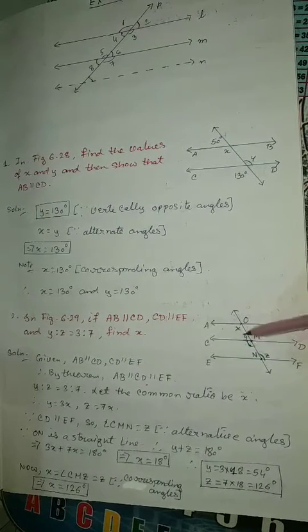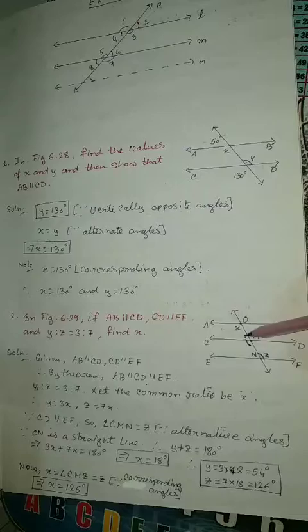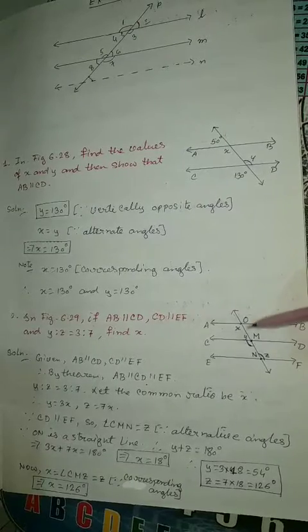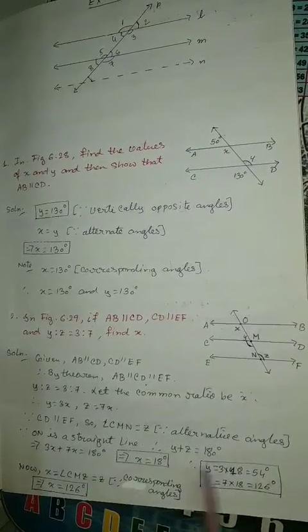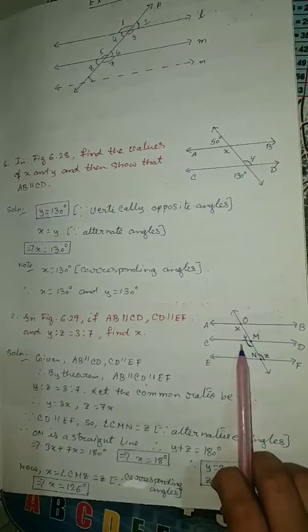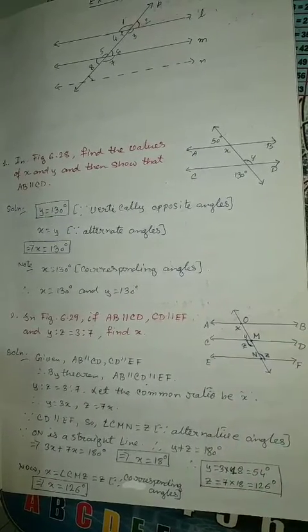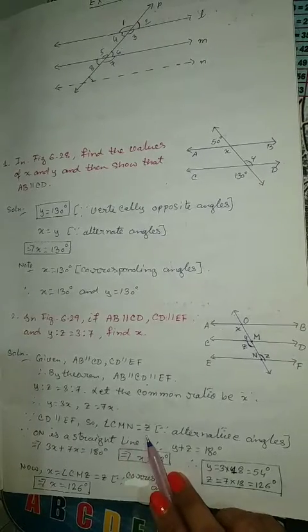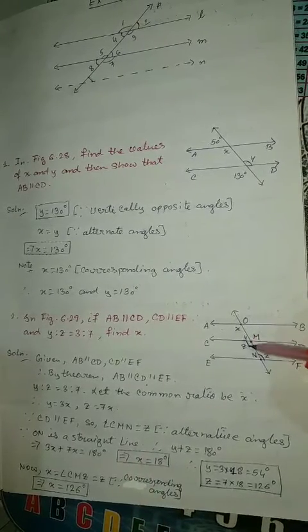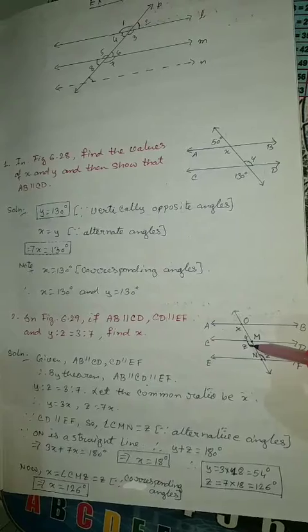Because they are a linear pair of angles. Since the sum of these two is 180, we can write this angle is equal to this one. If this is Z, this is also equal to Z, isn't it? CMN is Z. So Y plus Z is equal to 180 degrees.